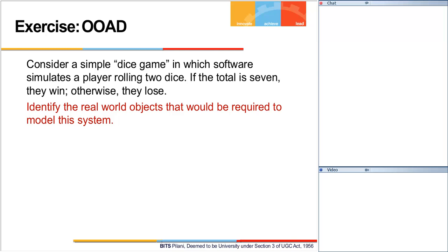The first step is to go for an analysis model. I will not go into the model today itself, but let's try and understand if we all are on the same page. So what would be the real world objects that would be required to model this system? Right, you can type in the chat.